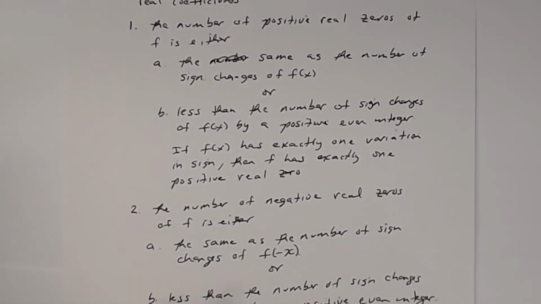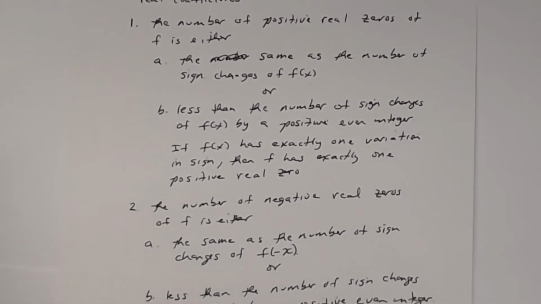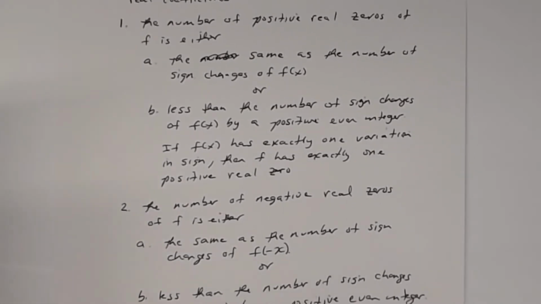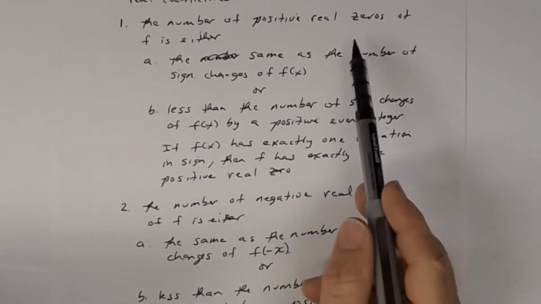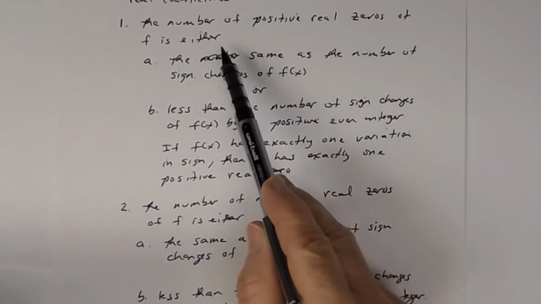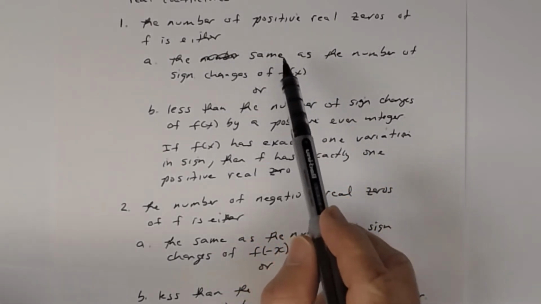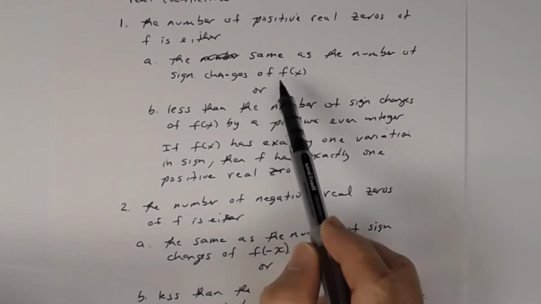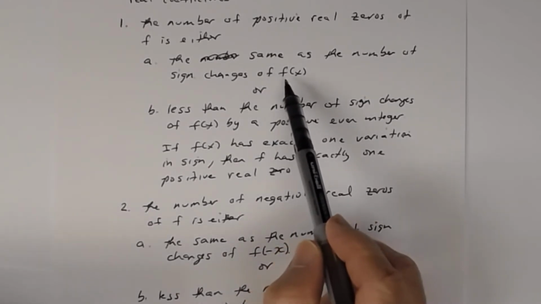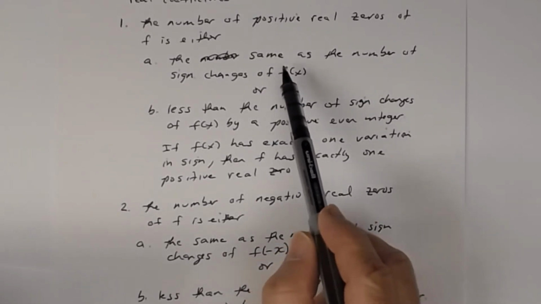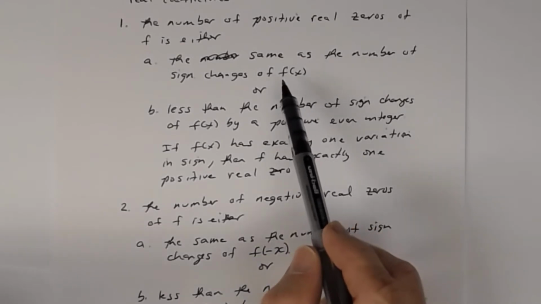No, it's not. The more problems you do, you'll see it's very simple. Very simple. Okay. So the number of positive real zeros of f of x is either the same as the number of sign changes of f of x. Okay. So it's either the same as the number of sign changes of f of x.